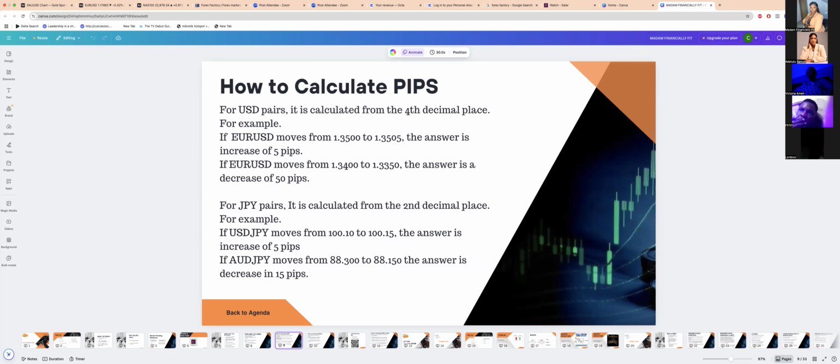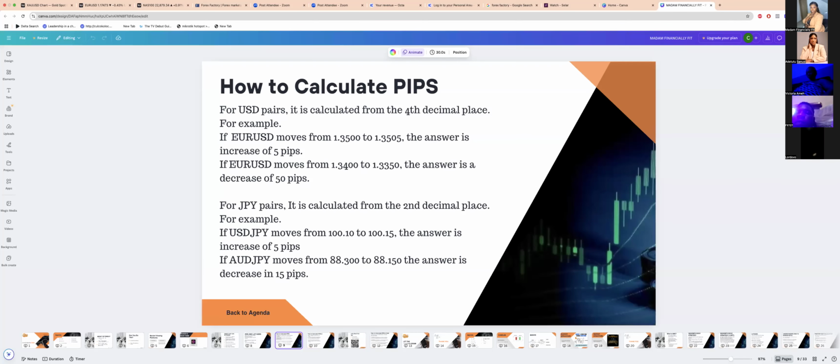I'm not even going to use the example on the screen. It moved from 100.85 to 100.34. How many pips did this move, you guys? ASAP.